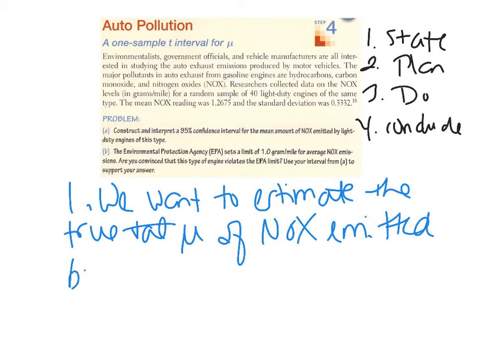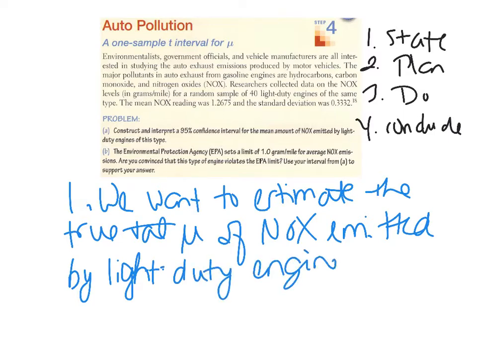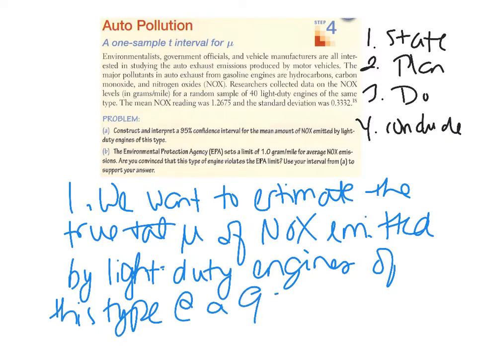Emitted by light-duty engines of this type, and we need to state at what confidence we want to be at as well. At a 95% confidence level. Okay, and that would be step one.